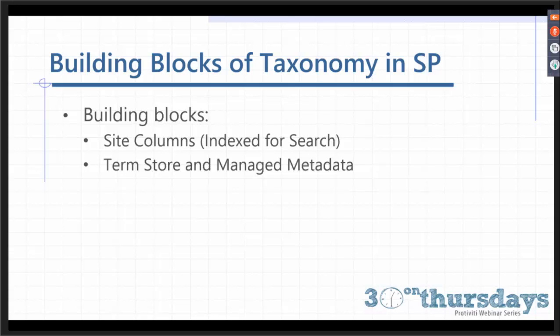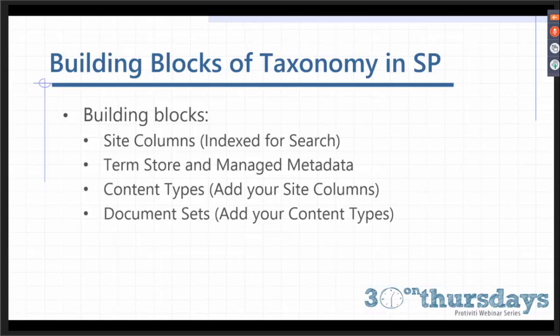So that's a way to have your formalized taxonomy that you're able to broadcast out to all of your users. And in there you would be creating these things called content types, which we will be describing. Content types will contain those site columns and provide a lot of benefits in SharePoint if you set them up correctly. And then there are document sets. Document sets are kind of like super content types. You actually add content types that you create into document sets, and you can add site columns as well. And we'll be discussing those in more detail in a little bit.